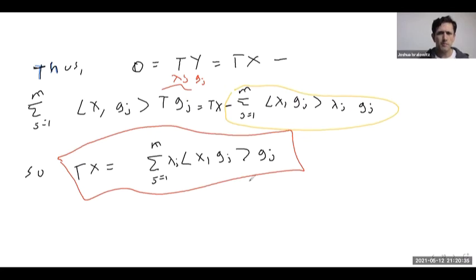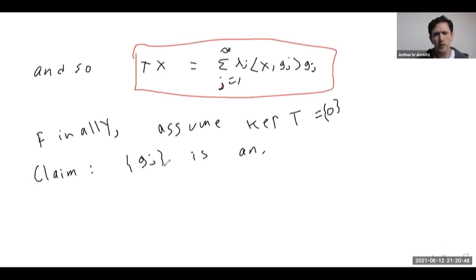Basically, we stopped at m in case 1. In the second case, j went from 1 to infinity. So I'll just write it as g_j. We don't know if it's finite or countably infinite. Doesn't matter. In either case, I claim this is an orthonormal basis.